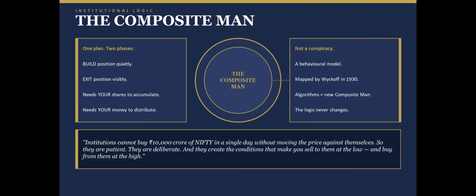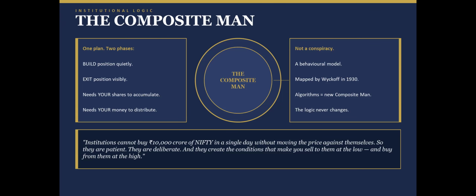So there are checkpoints, but if it is being done by multiple people who are not related to each other and are not acting on each other's information, but are acting in sync because of a behavioral model, that is allowed.